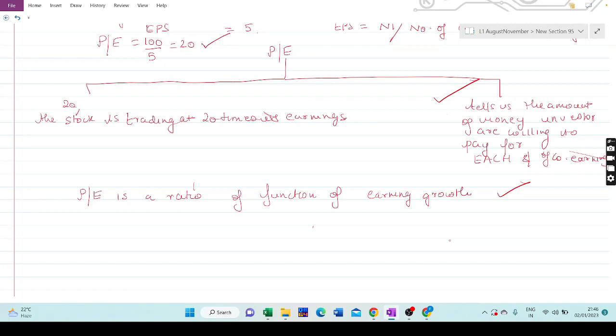And if the market expects sluggish growth, if the market is pessimistic about future growth of the company, then they would be willing to pay less for that company and the PE ratio would be low. So the PE ratio is a function of earning growth.